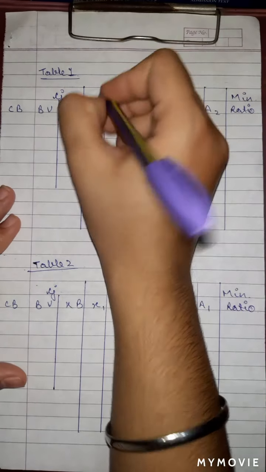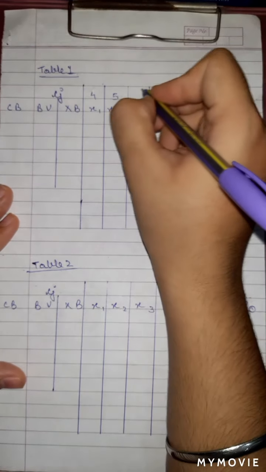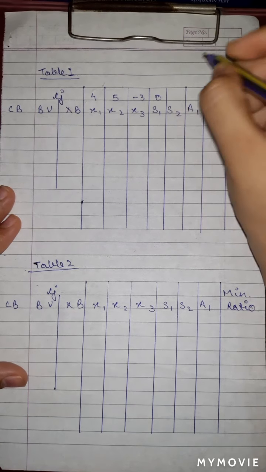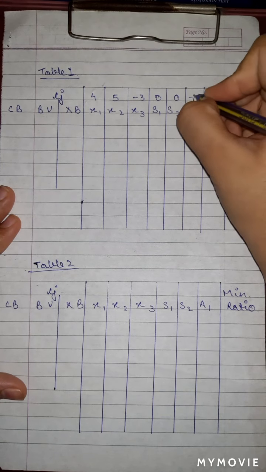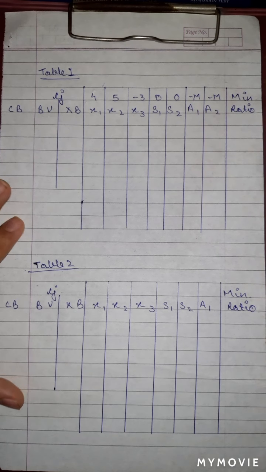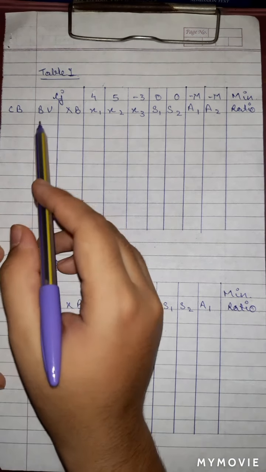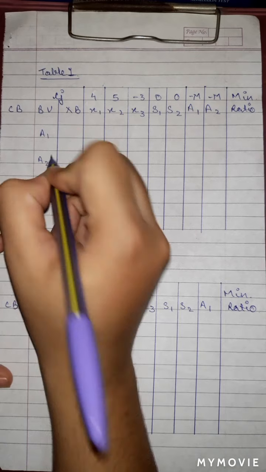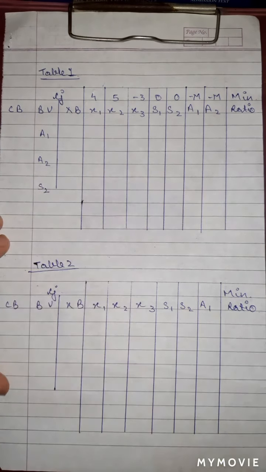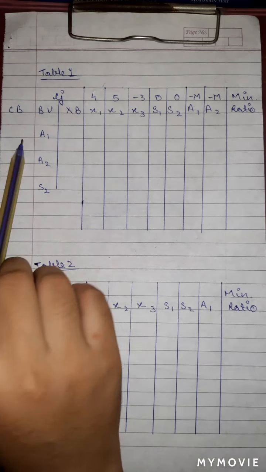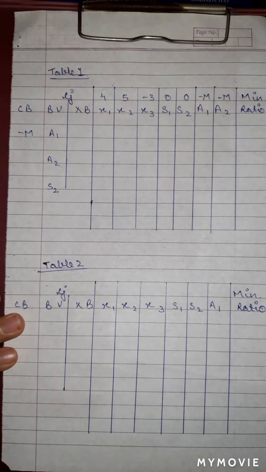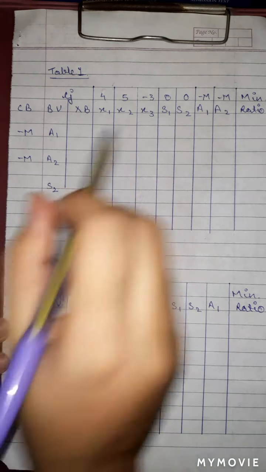So values are 4, 5, -3, 0, 0, -M, -M. Now BV, basic variables, are A1, A2 and S2. So the values of CB will be -M, -M and S2 is 0.